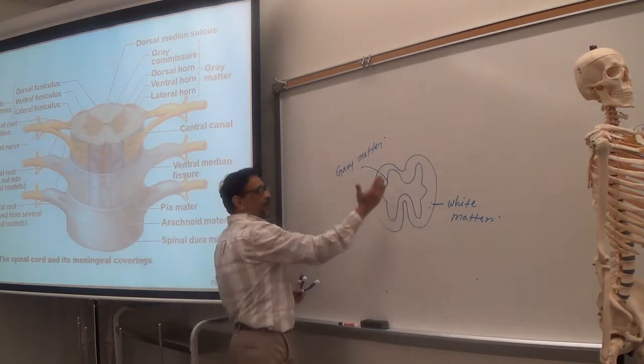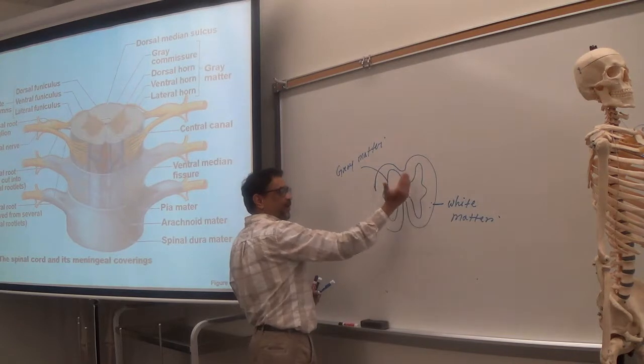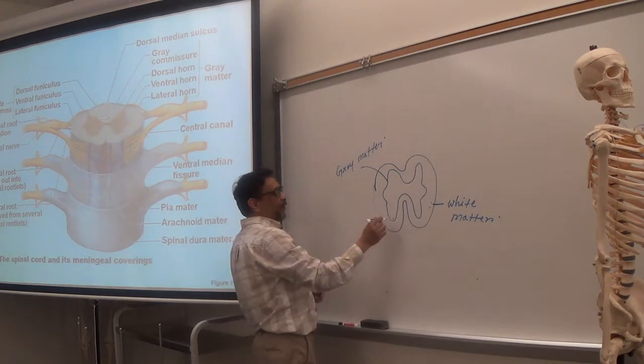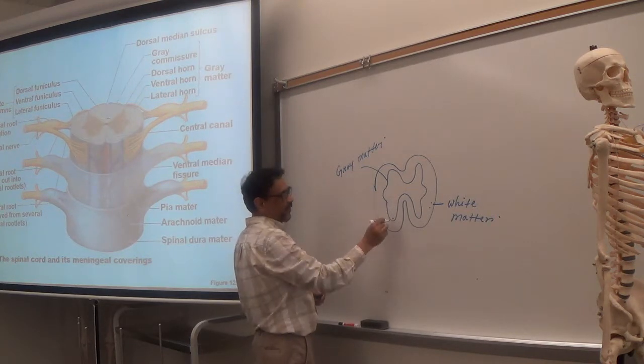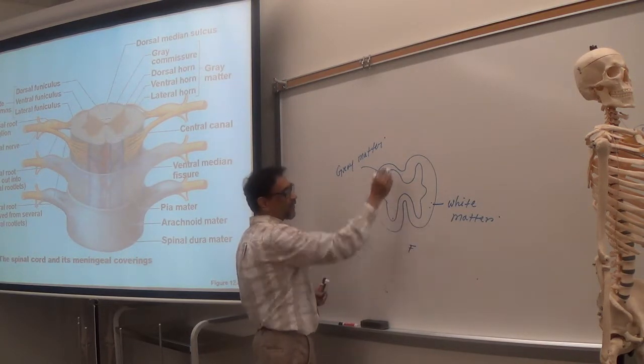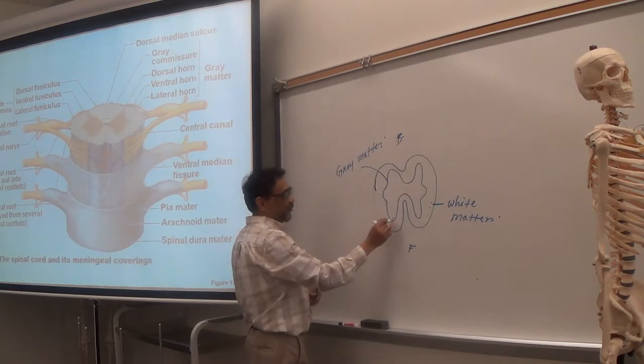Now, in each half of the gray matter, you have three horn-like structures. This is front, so this is back. This is called the ventral horn.